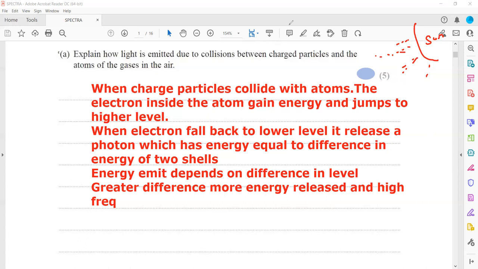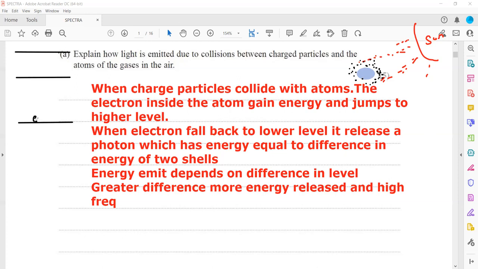As a result, when these charged particles are deflected, they collide with the particles of air, which contain nitrogen, hydrogen, helium, oxygen, carbon dioxide. When these charged particles collide with these atoms in the atmosphere, they cause the electrons to jump from one level to another.